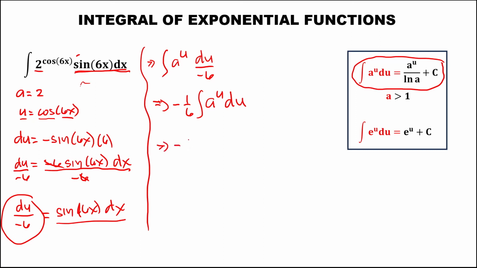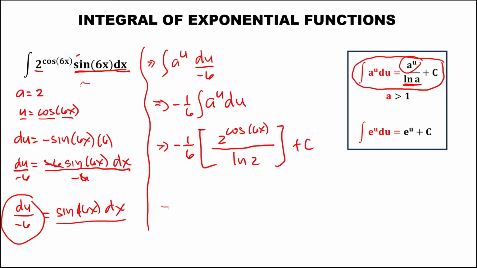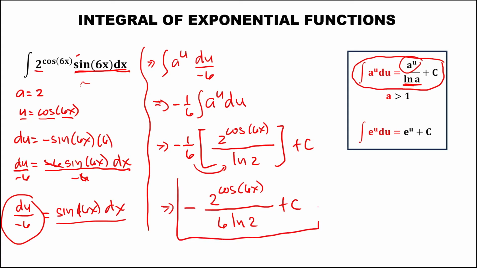So we have negative 1 over 6 times a to the power u over ln a, and a is 2, u is cosine 6x, so over ln 2, then plus c. Then to simplify, this becomes negative 2 to the power cosine 6x over 6 ln 2 plus c.